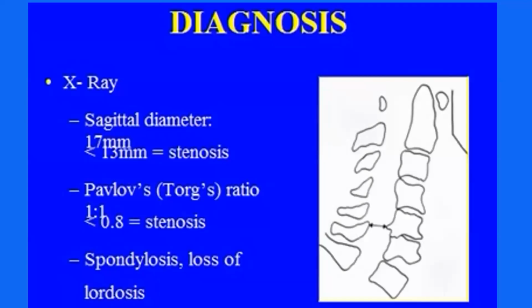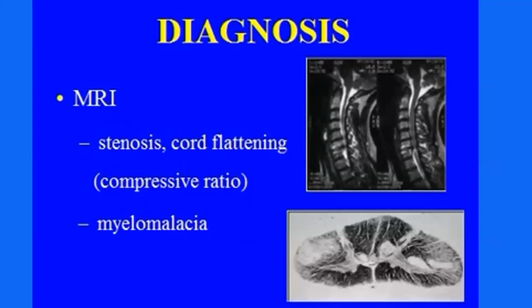You have to know the Pavlov-Torg ratio, obtained by dividing the width of the canal by the vertebral body. If it's less than 0.8, then you have to think of stenosis. And whenever you have spondylosis, you have loss of lordosis, and this increases the narrowing of the canal. If you do an MRI, you see that there's stenosis and cord flattening.